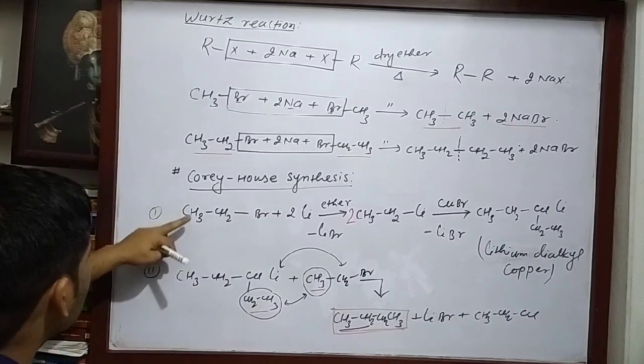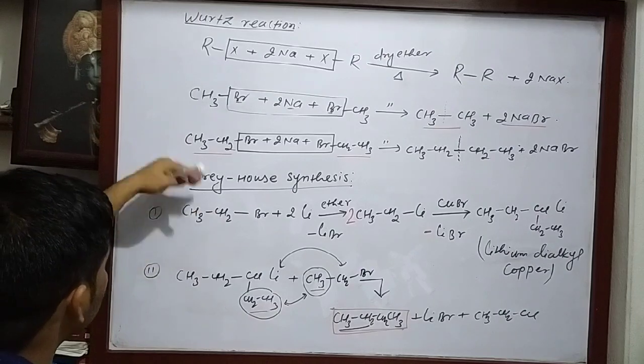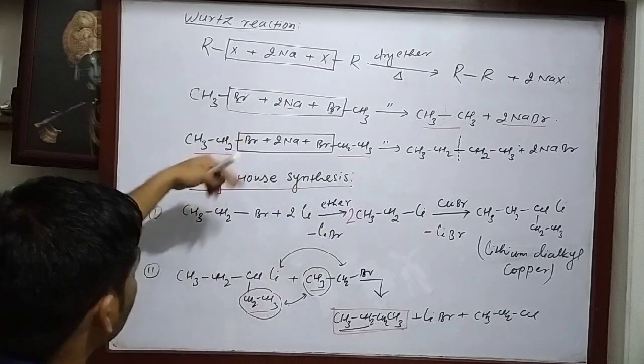And both Wurtz and Corey-House synthesis, these two reactions are used to prepare alkane from haloalkane.